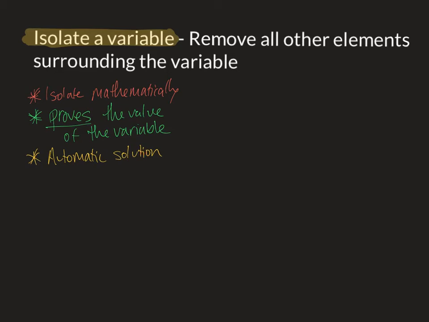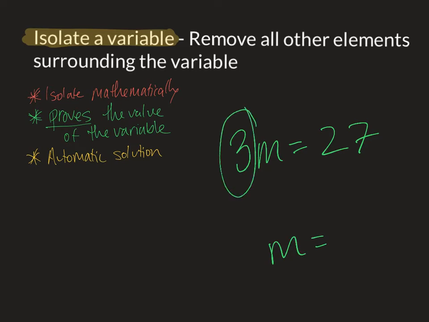and it also gives us an automatic solution. Meaning when I'm isolating a variable, I might have something like 3m is equal to 27. My goal and my job is to get m alone by itself. I am seeing up here that I have this 3 times m in my equation. I don't want 3 times m, I want just m. I want m alone.